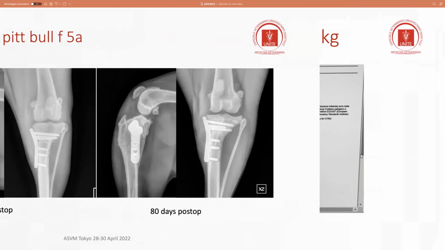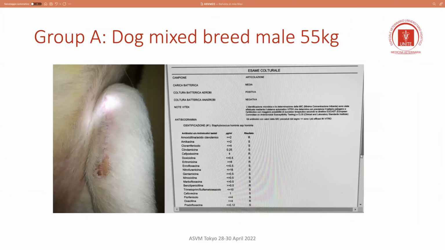As you can see from the X-ray, fortunately we were able to obtain bone healing at 18 days postoperatively. The second case in which we had infection is again a mixed breed dog, male, 55 kilos, in which the intraoperative culture swab was negative during the surgery, but 15 days after surgery there was a fistulization in the distal part of the wound. Again we performed another culture swab with identification of Staphylococcus hominis.